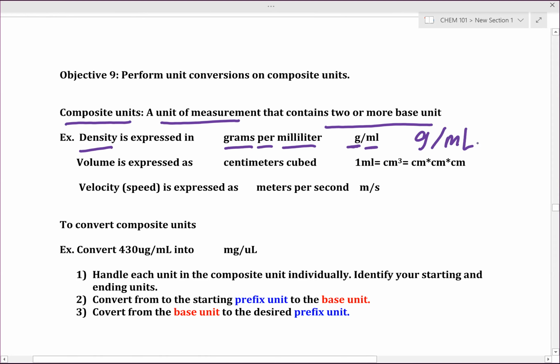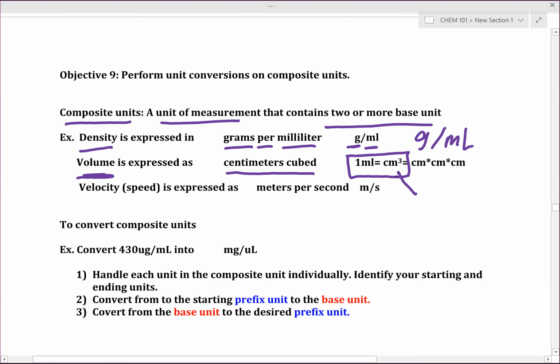Volume is an interesting composite unit. Volume isn't a base unit. Let me rephrase. Volume can be expressed as both a base and a composite unit. Volume can sometimes be expressed in centimeters cubed. So the relationship is a centimeter cubed is equal to a milliliter. We'll talk more about that when we discuss density in detail.